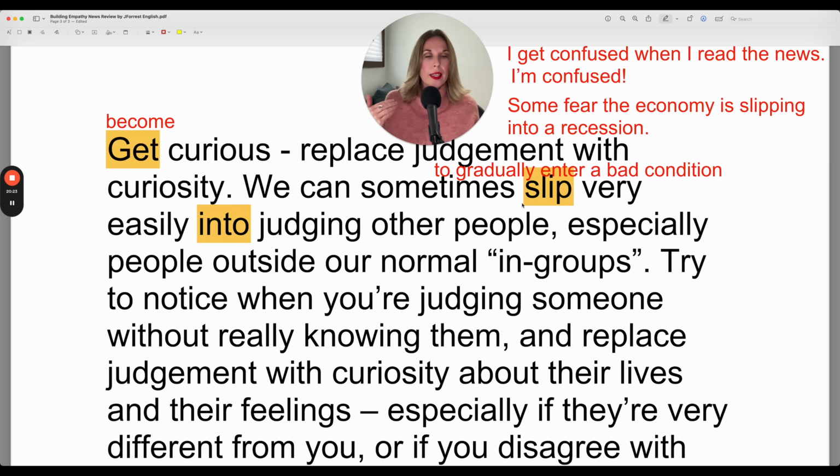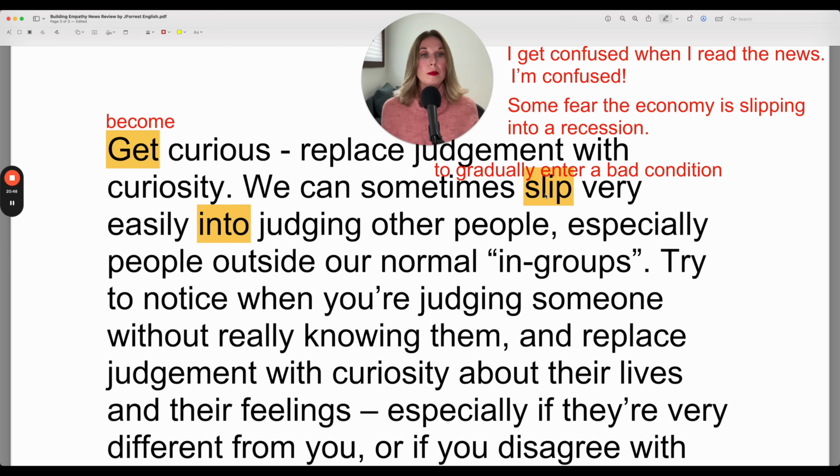So we can sometimes slip very easily into judging other people. So we start judging other people. Oh, you shouldn't do that. Why is that person doing that? Look what they're doing. Look what they're wearing. So judging. But we do it gradually, so we don't notice we're doing it, but then gradually more and more, and it's a bad condition, and we slip into it.